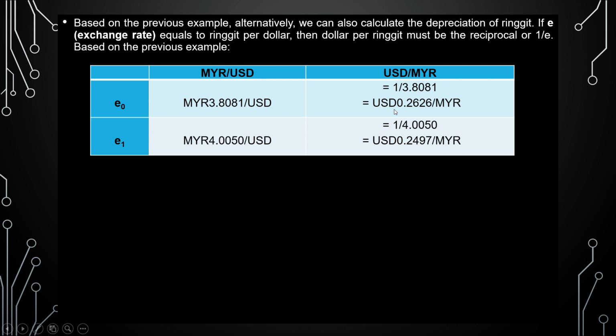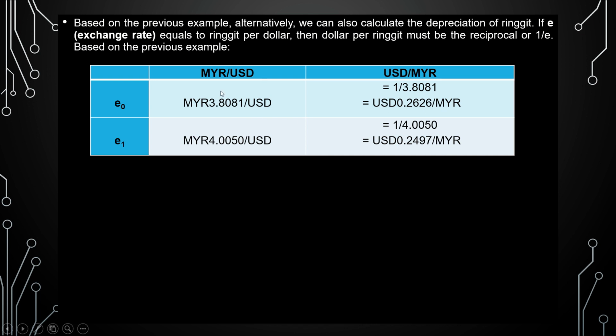So as we can see, previously berapa? Kalau dalam USD per ringgit, the old exchange rate is USD 0.2626 over 1 unit of ringgit, and now it has changed to USD 0.2497 per 1 unit of ringgit.